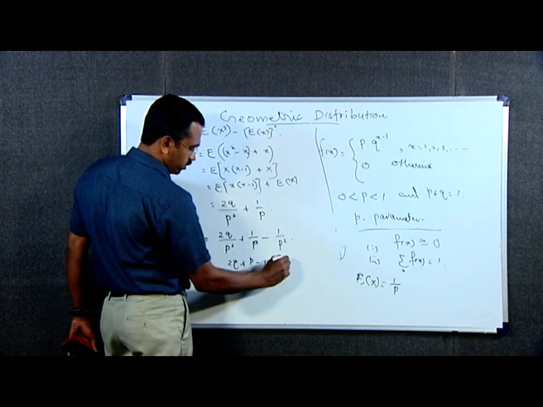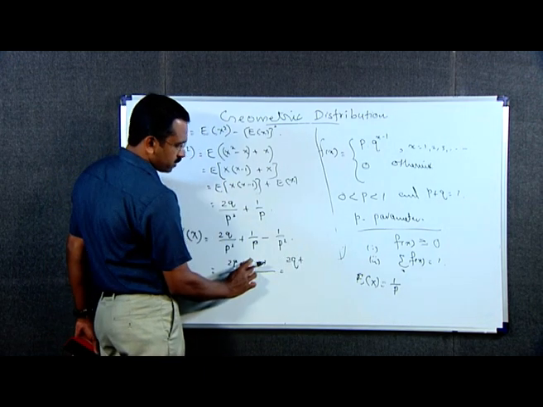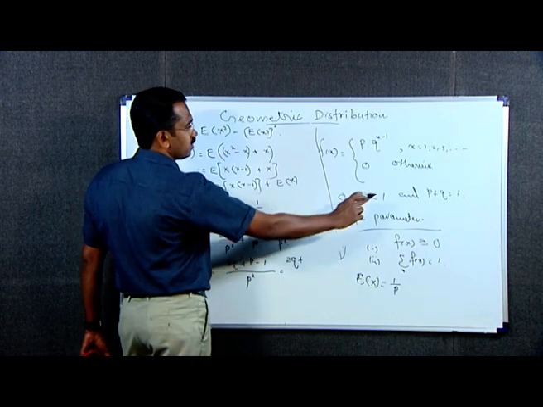That is equal to 2q plus p minus 1 is minus q.